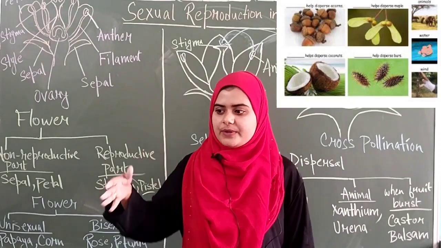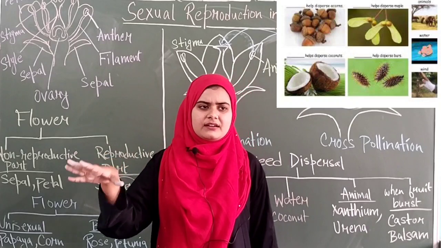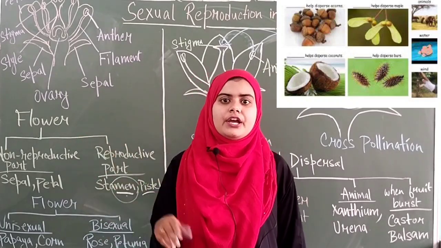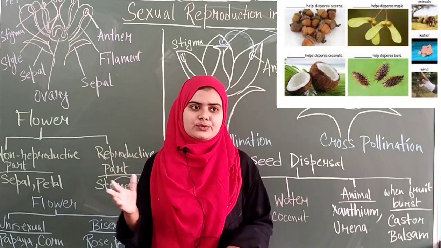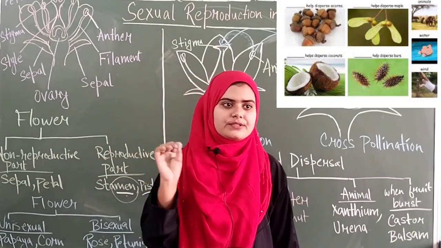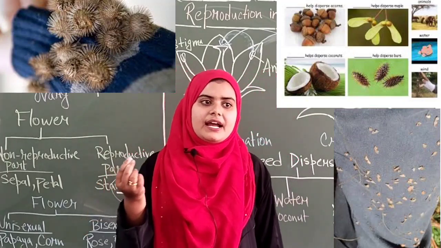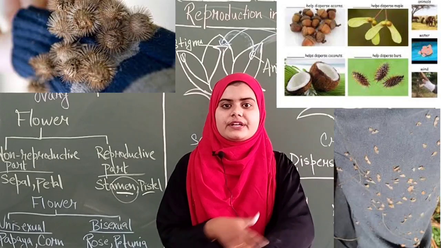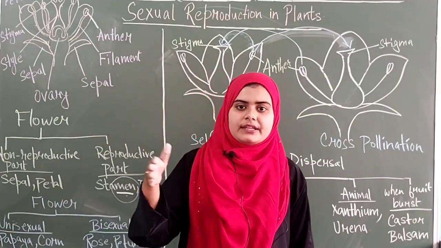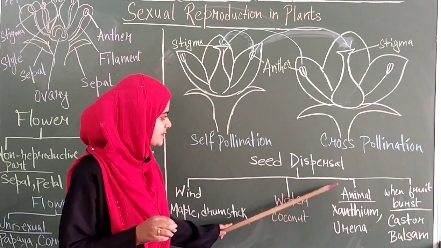If you pass through an area like a jungle, you will notice that many seeds have stuck to your clothes. These are the seeds of those plants, and when you remove them, they get dispersed to another place. In this mode they travel from one place to another.